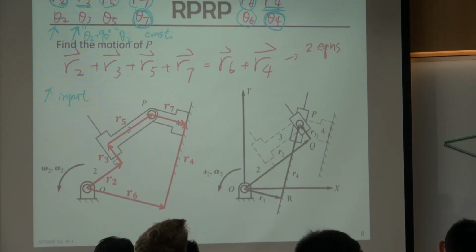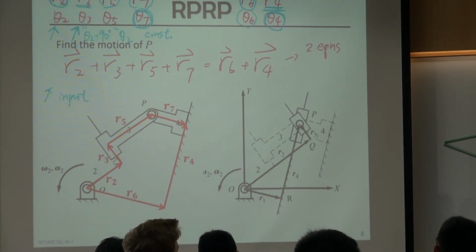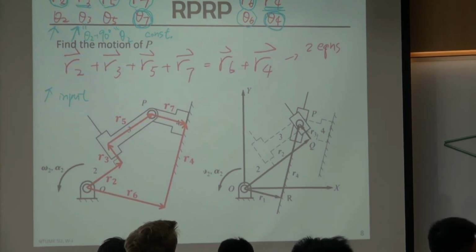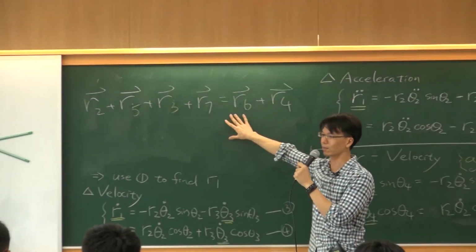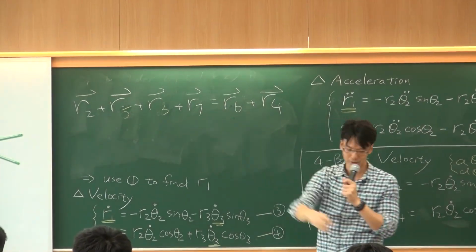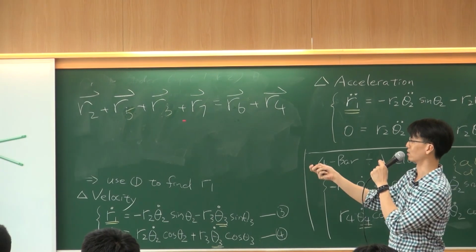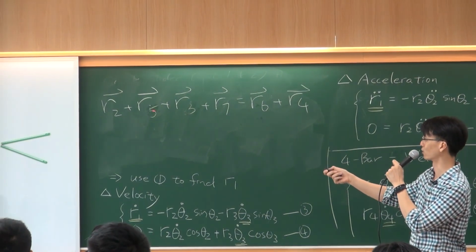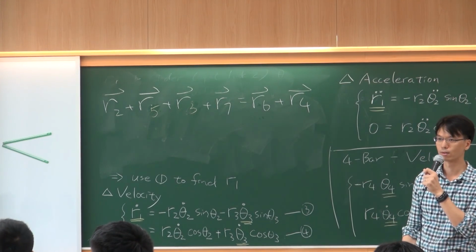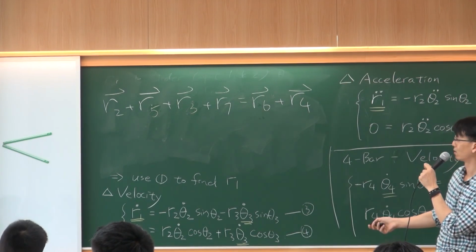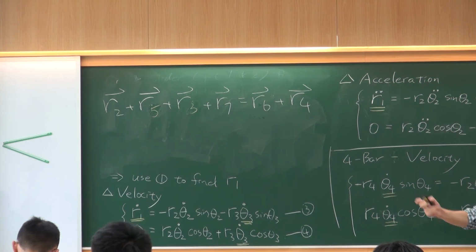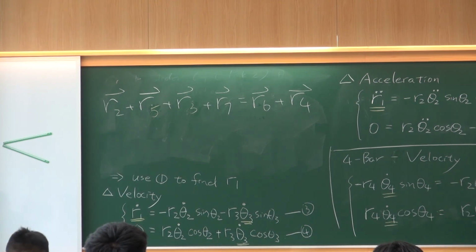But we can always rearrange them, right? I can change the order, for example R5, R3. It should be fine because if that equation is valid, this equation should also be valid. It doesn't matter if I change the order of them, as long as they are on the same side. It shouldn't be a problem.